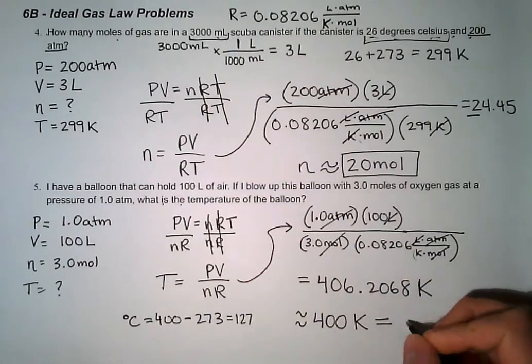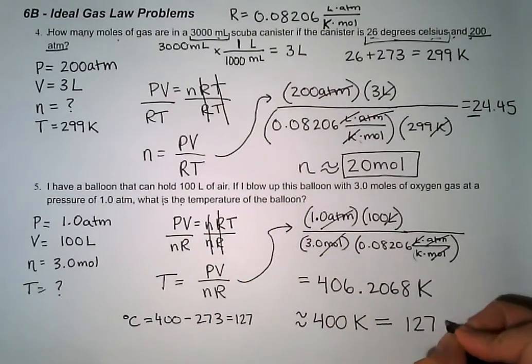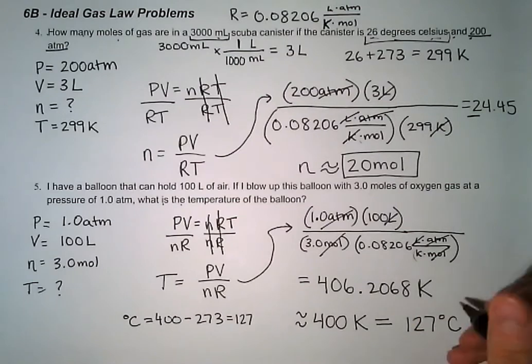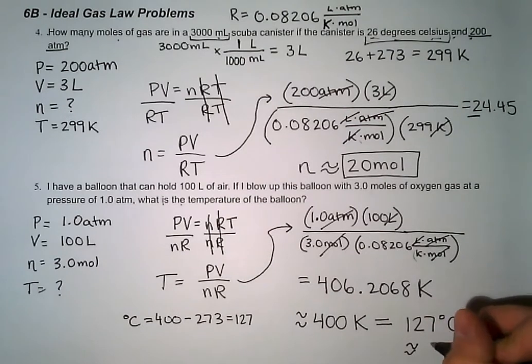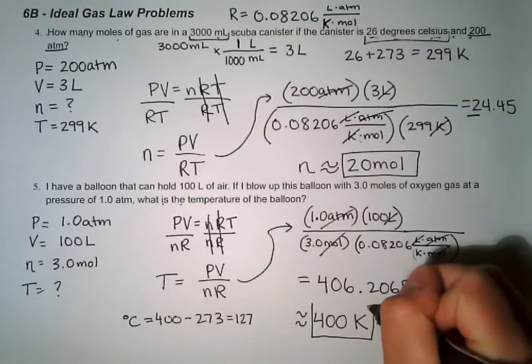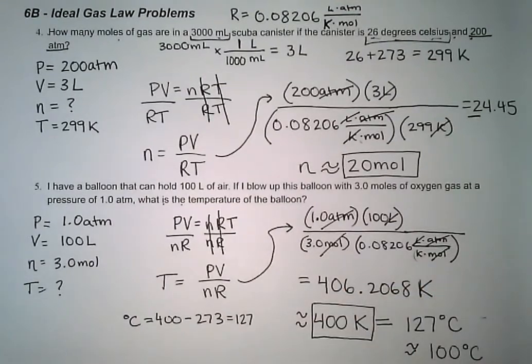So our temperature is 127 degrees Celsius or 400 Kelvin. And of course we would want to round this value for Celsius to appropriate sig figs as well. So we technically would have to round to just 100 degrees Celsius, which, as you can see, is a really large round. So let's just keep it in Kelvin and stick with that answer right there.